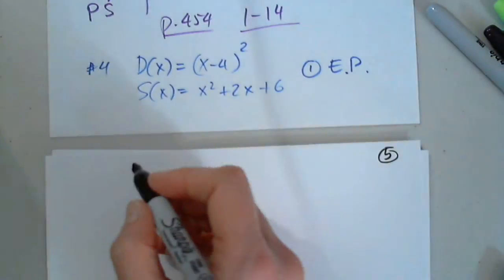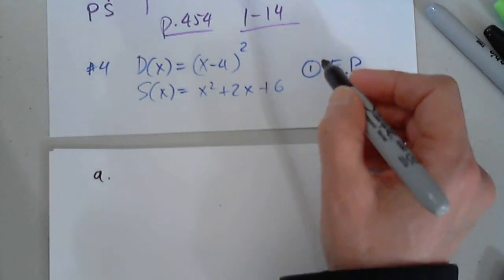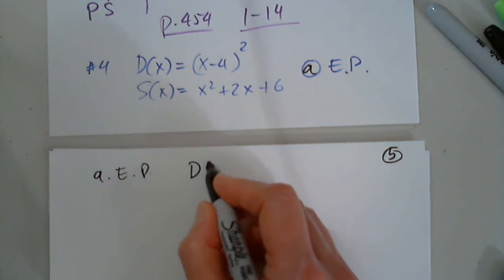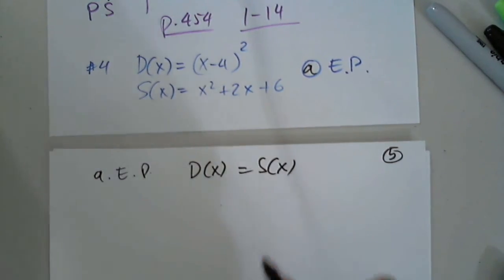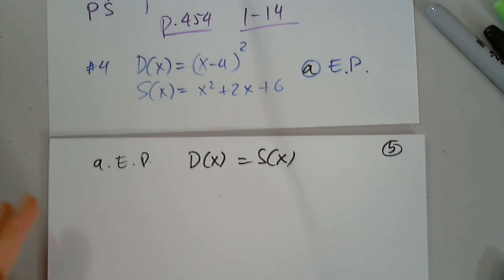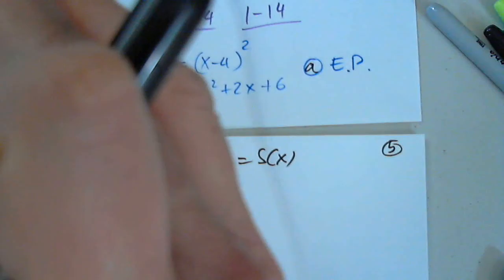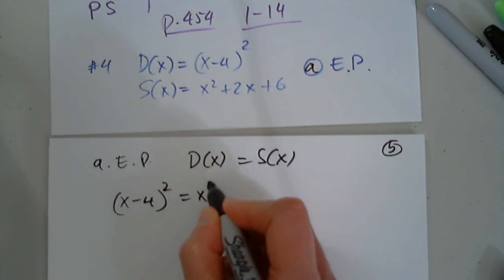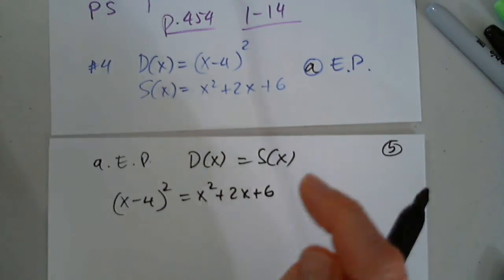So let's set them equal to each other. So for part A, equilibrium point, we have d of x equals s of x where they intersect. Okay, and now we have x minus 4, everything squared, equals x squared plus 2x plus 6.